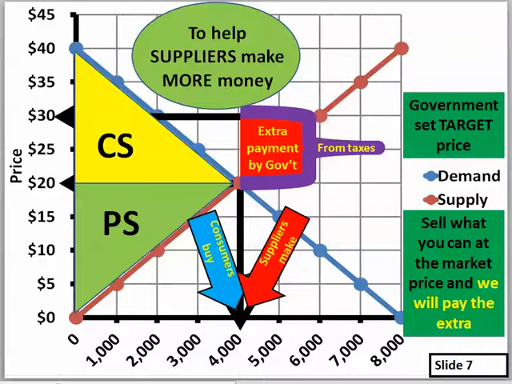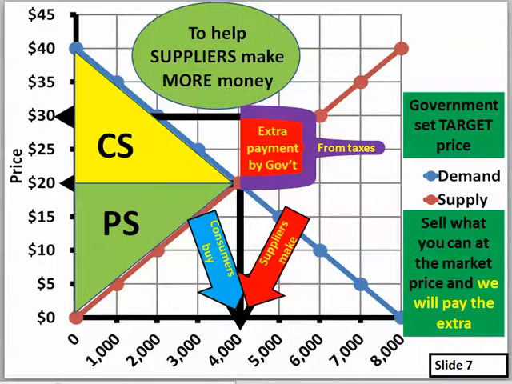Obviously it's set above the equilibrium price, but the government tells the suppliers, supply what you can at the equilibrium price. And what you're unable to sell at that equilibrium price, we will give you the extra money between that equilibrium price you were able to sell at and our target price.